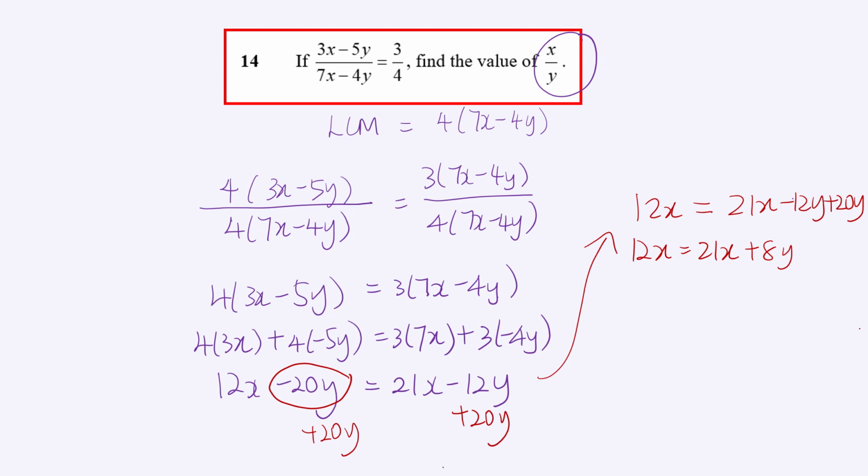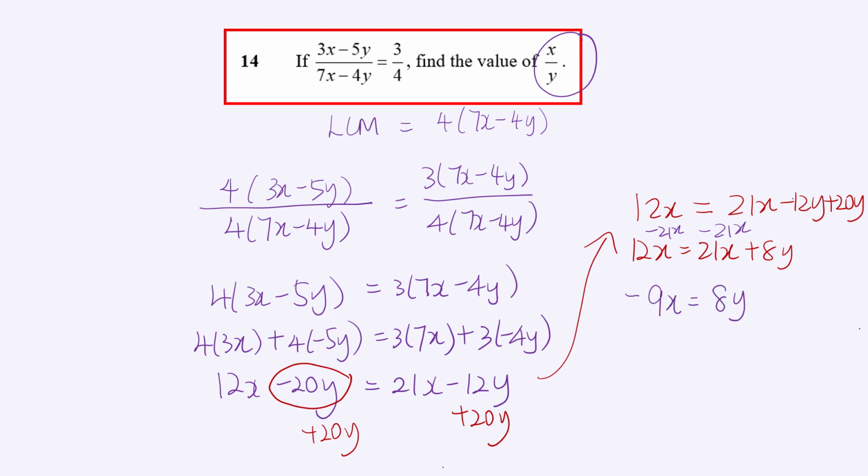Okay, so we said we're going to group all your x together, right? So I need to get rid of this 21x on the right hand side. So I need to subtract it. All right, so what is 12x minus 21x? 9, 10, 11, negative 9x.